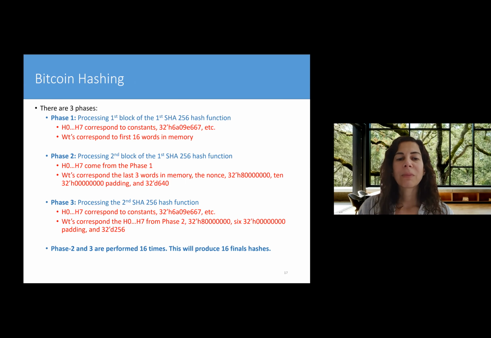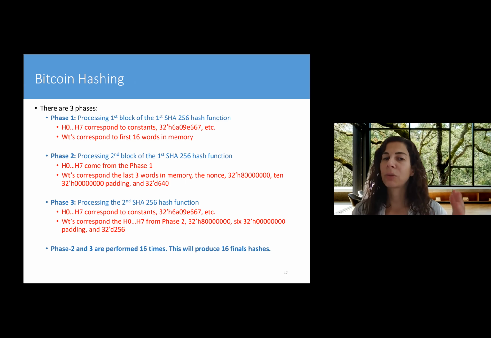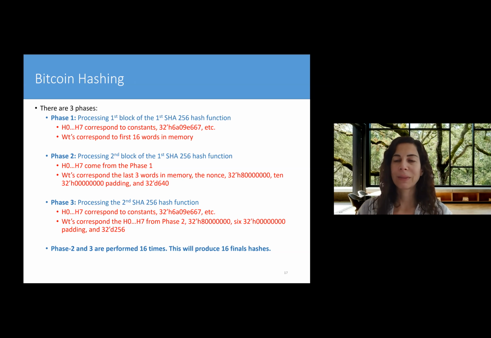The first 16 words in the memory, which are the metadata that are consistent across all hashes, are used as the input to this SHA function. Again, this SHA function is used only once because the value for the first 16 words is constant. So that is easy. We take care of that.